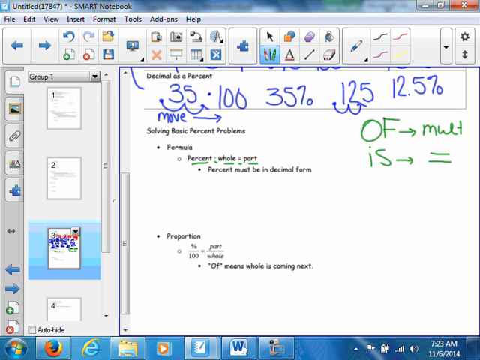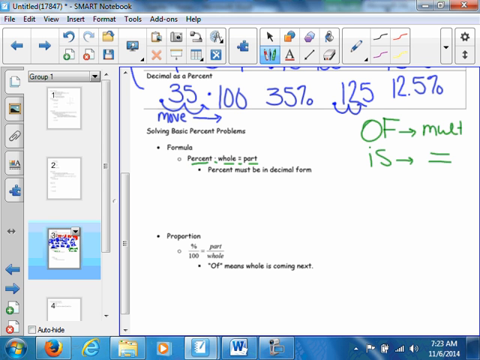So I'm looking at example 1, and it says, for each basic percent sentence, identify the unknown amount as a percent, whole, or part. We're just going to go through and do a couple of different things here. I'm going to look at example 1, then we're going to do your turn 1. Okay? So it says 30% of what number is 64?